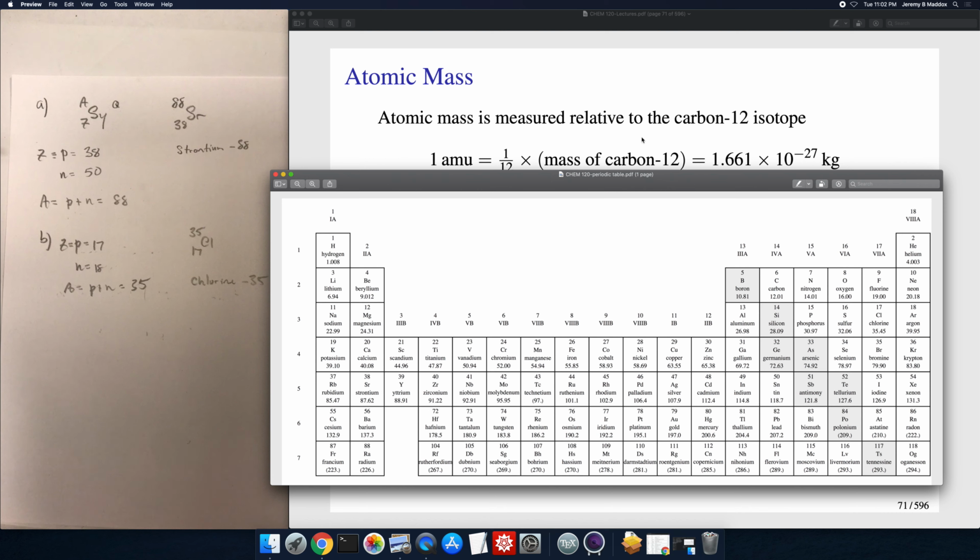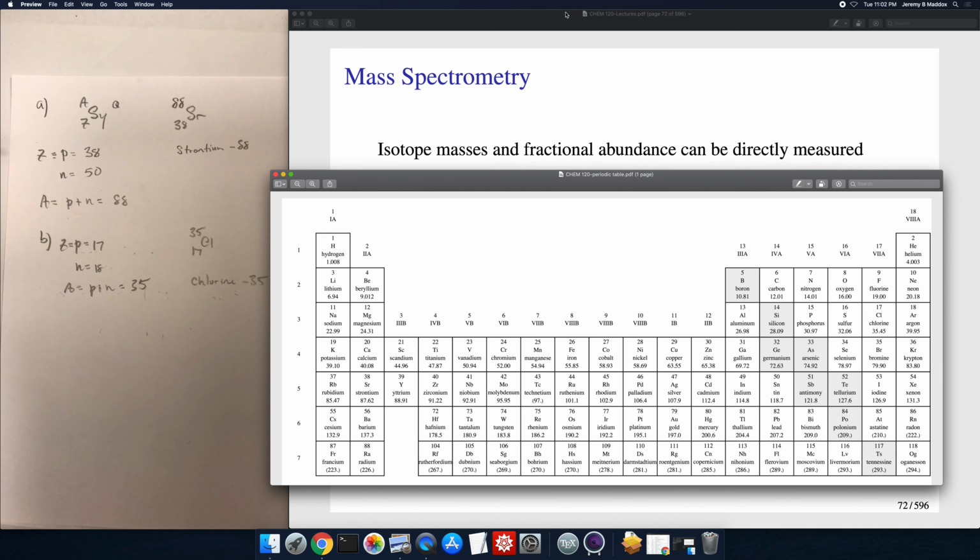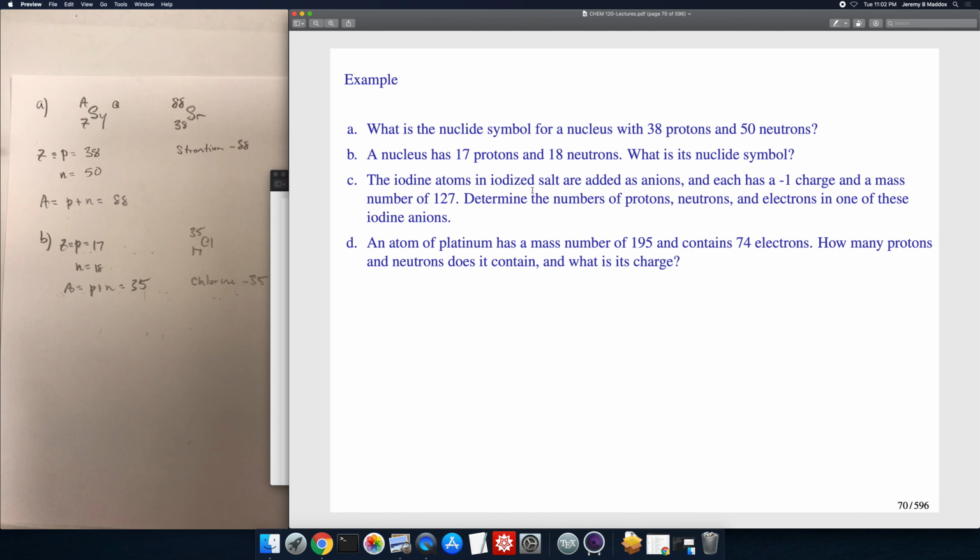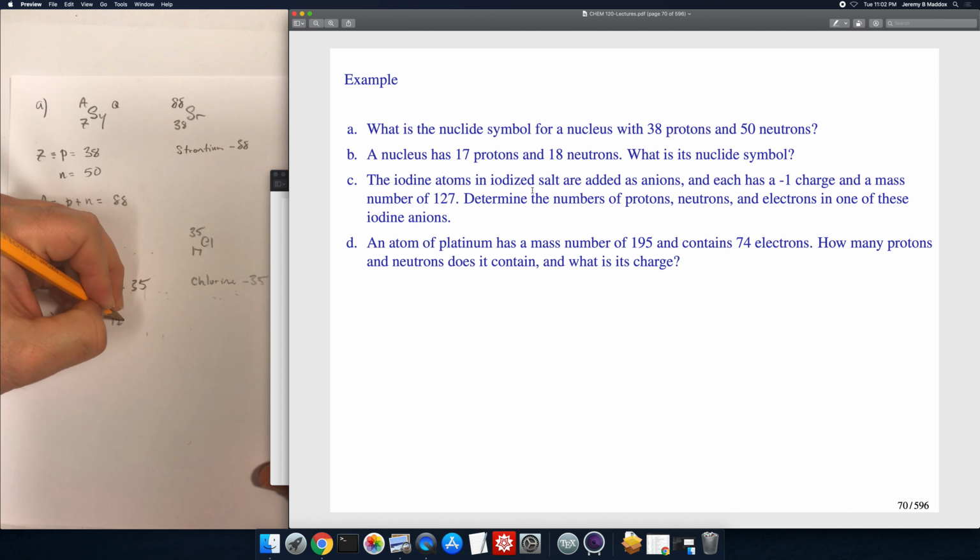Let's see. I did want to do this last one as well. Or we have two more. So we've got iodine atoms, and in this case we are considering an iodine that has a charge of -1, and we're being asked to determine the number of protons, neutrons, and electrons for these iodine atoms. So we will start with the mass number, A, equals 127.